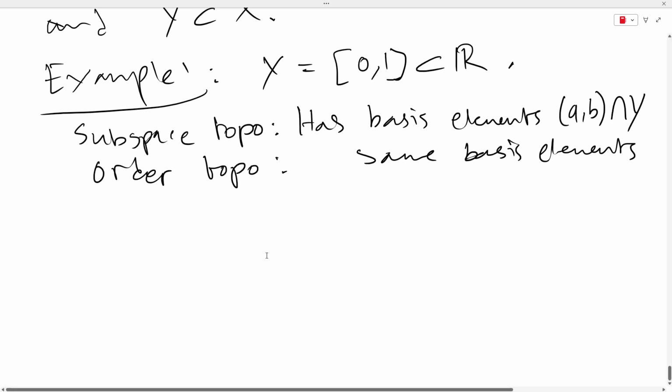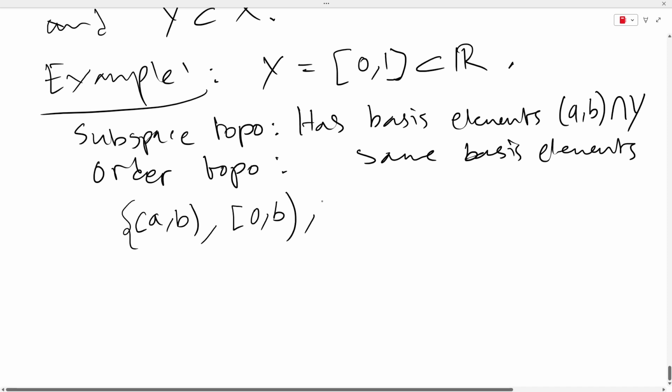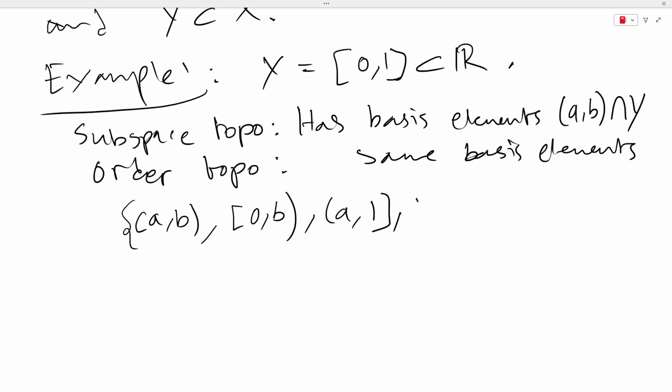Now this is the same. This reduces to four interval types, that is (a, b), then [0, b), since there is a smallest element, then (a, 1], and then Y itself. So the subspace topology has basis elements of this form, and the order topology also has the same basis elements.